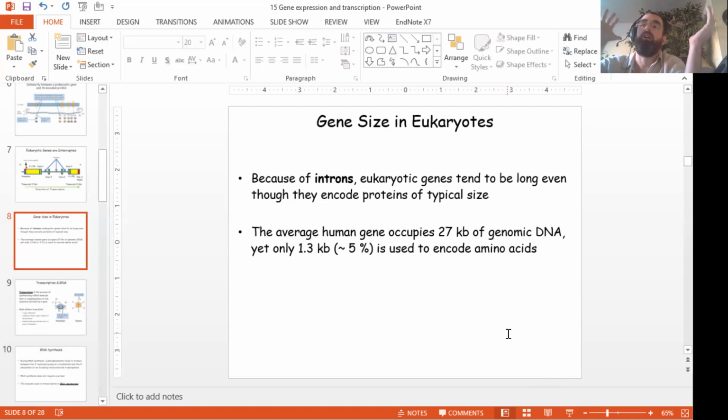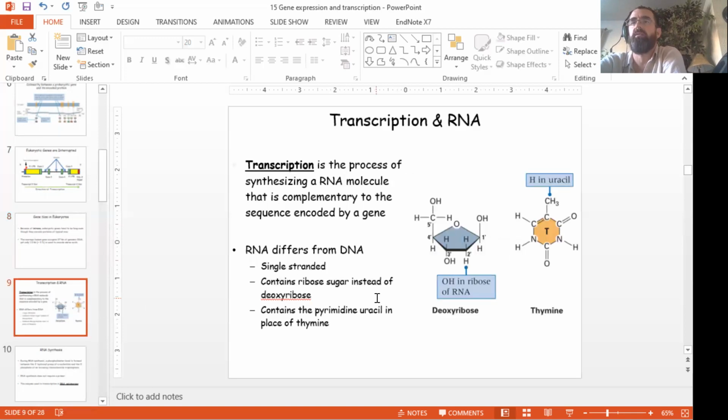The actual space occupied by that whole gene is pretty huge, about 27,000 bases on average. They can be much bigger, up to 60. A lot of this is used in the control of expression at both the transcription and translation level. There are lots of cool things that you can do with that, which you can't in prokaryotes.